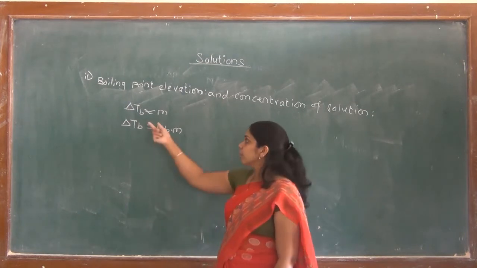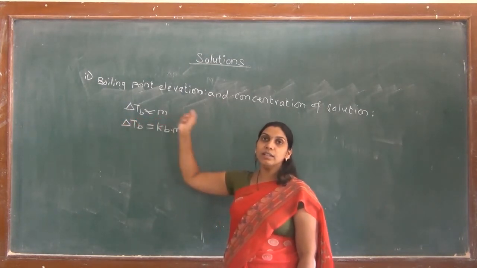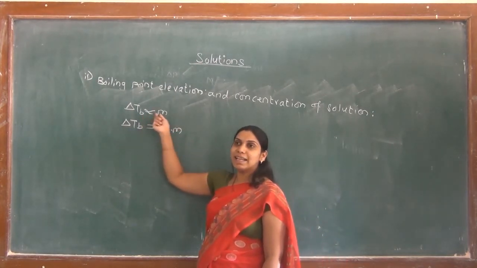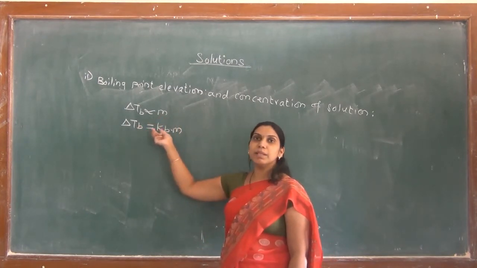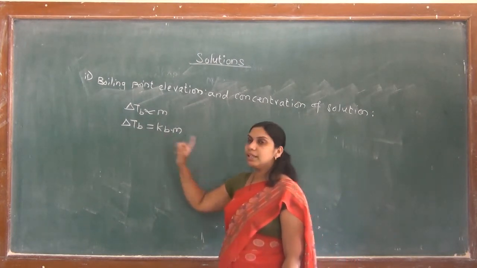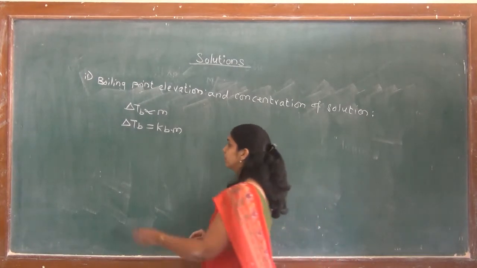So here we have seen the relation between boiling point elevation and molality. What is that relation? Delta Tb is directly proportional to m. So the equation obtained is delta Tb is equal to Kb into m. Here Kb is called the molal elevation constant.